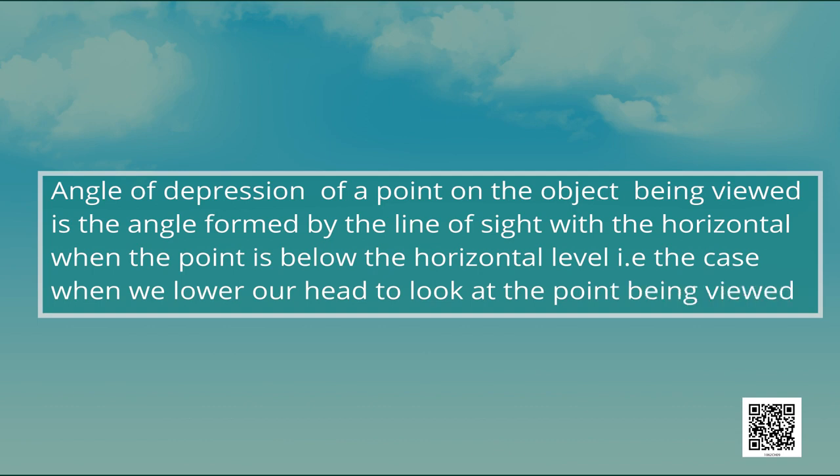So let us understand in which cases trigonometry helps. Suppose you want to find the height of a very tall building or a tower. You cannot do that with the help of a measuring tape.